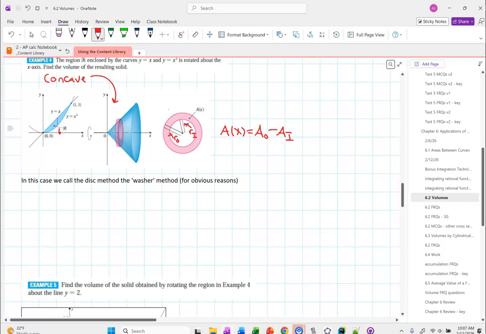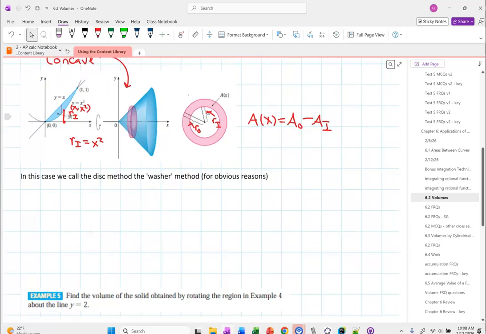If I draw my picture, this is some typical R inner. Everybody agree? So that point is (x, x squared), because this is the curve y equals x squared. Everybody agree? So R inner is x squared.